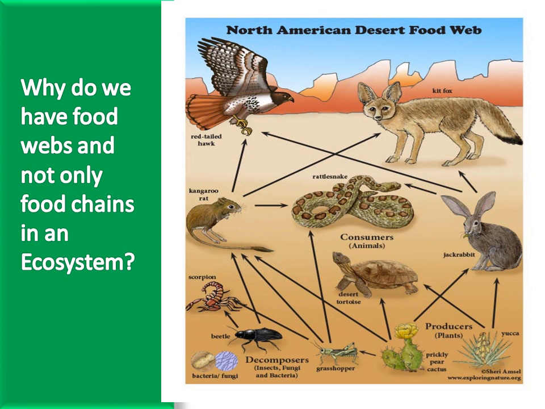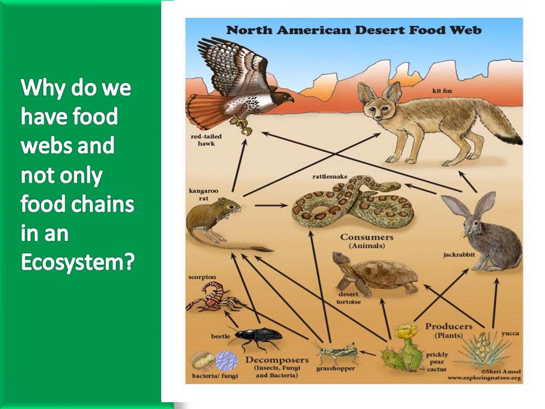So, as you can see, in the North American desert food web, the energy flows from producers to herbivores, which we call low-level consumers because they are the ones that eat the producers, to other consumers, which are the carnivores, which we call high-level consumers or second-level consumers, and it can also reach much higher consumers like the red-tailed hawk or the fox.